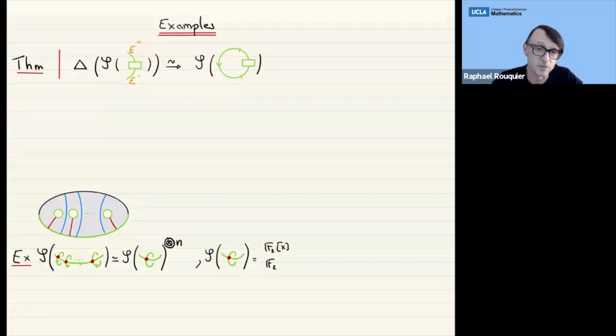And the path, there is no point, there's only one path, the empty one, you just do nothing. Otherwise, everything is oriented. You can go around the circle n times from your red point to itself, and that corresponds to x to the n. It's a very easy example, and what you get when you've done this tensor product is fairly complicated.